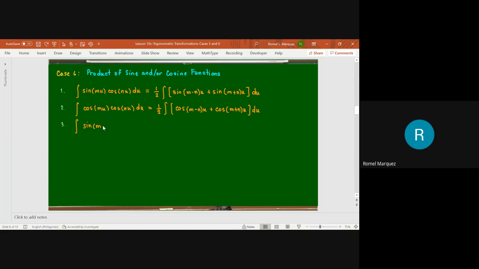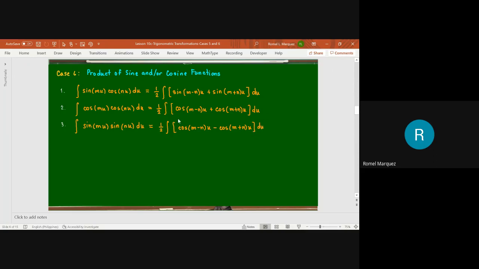Sine of mu sine of nu du. So this is equal to 1/2 integral of cosine of m minus n times u minus cosine of m plus n times u quantity du.